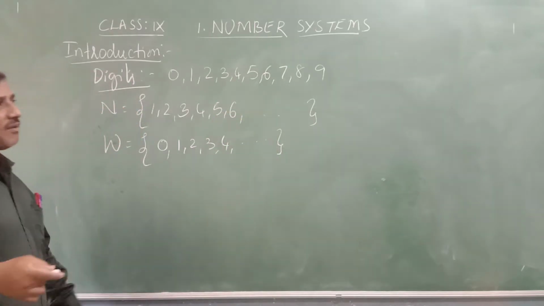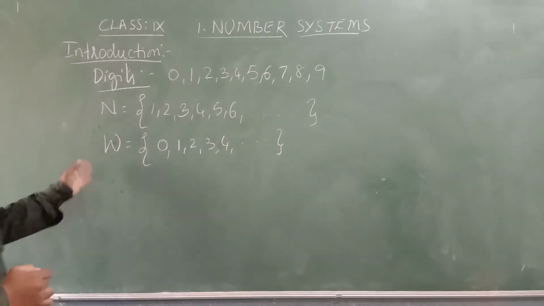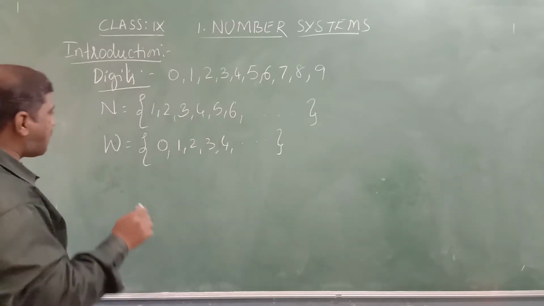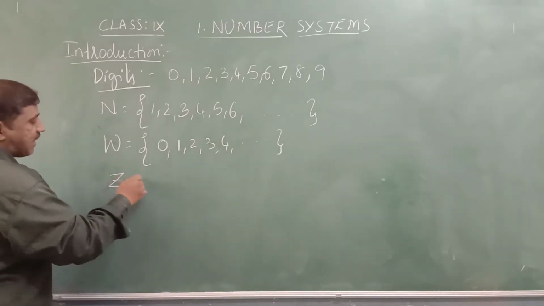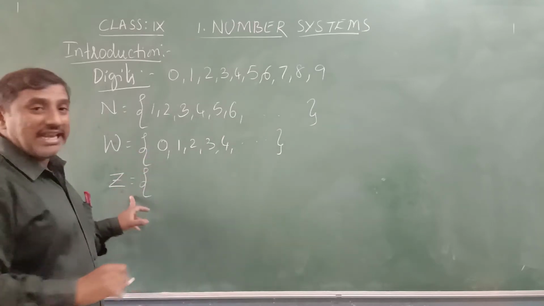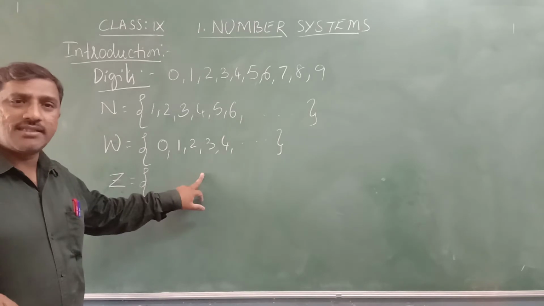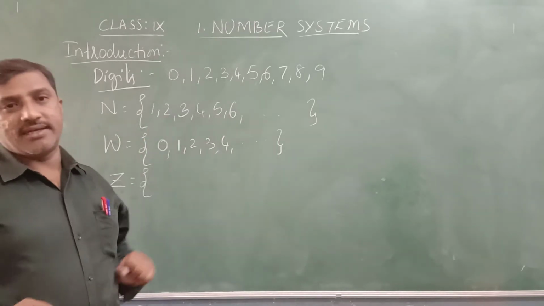This set of numbers is known as whole numbers. Then the third set of numbers are integers. Z stands for integers. Integers are the whole numbers including negative numbers.